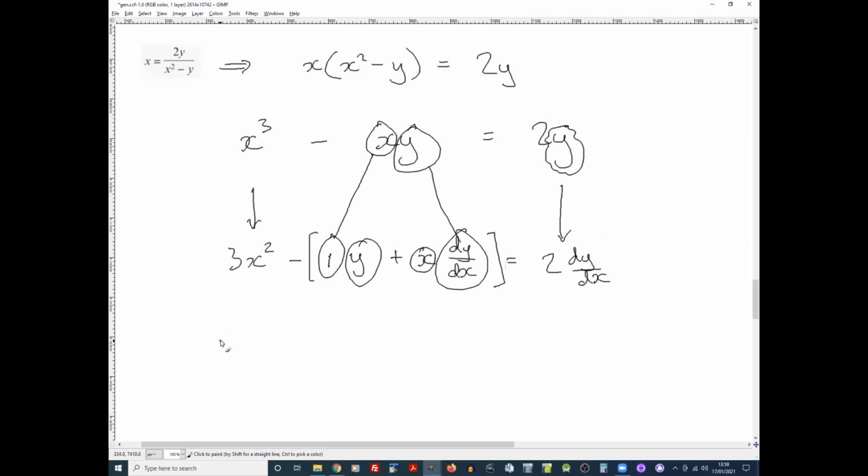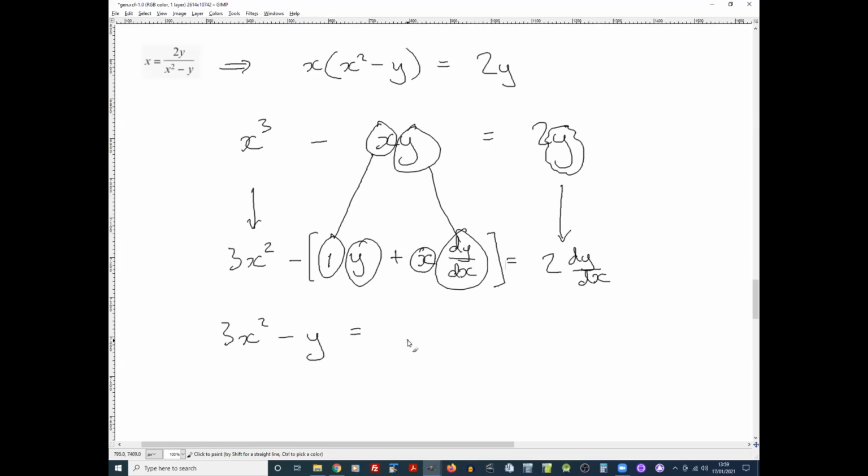Then I'd say 3x squared minus y equals 2 dy dx plus x dy dx. Yes, it is plus, well done. And it might be clearer to you because you've not used brackets there and you've got a minus sign there.